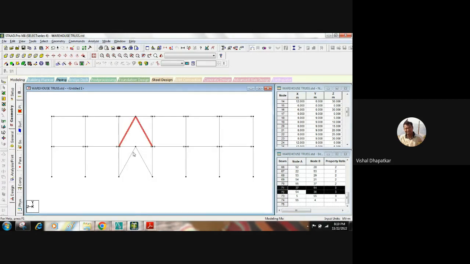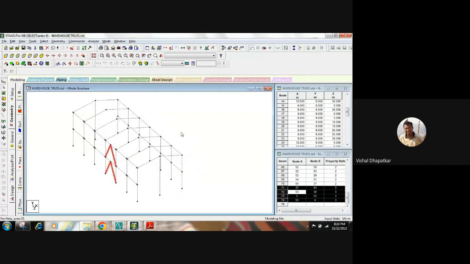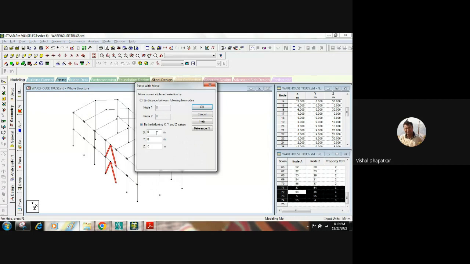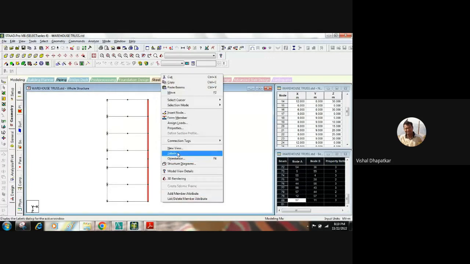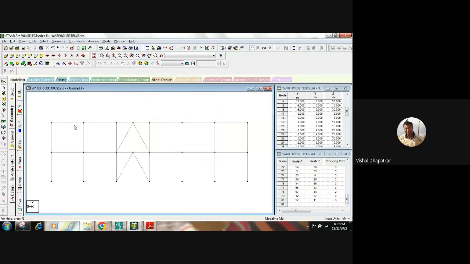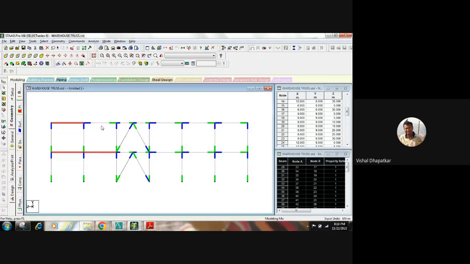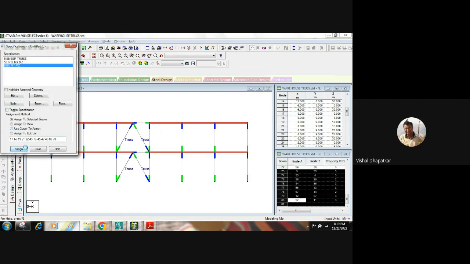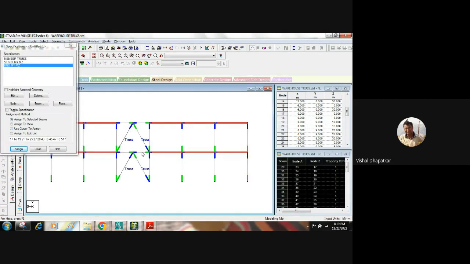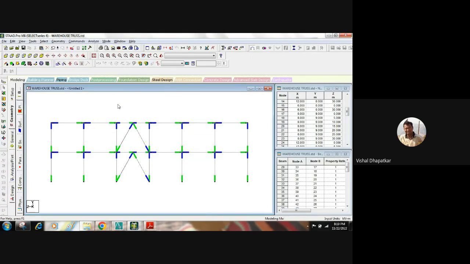So similar bracing will be put on the other side of the truss, and then we will release the tie member on this side as well. Okay. So we have released all the members.